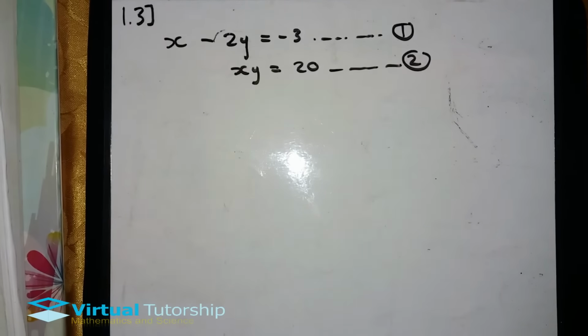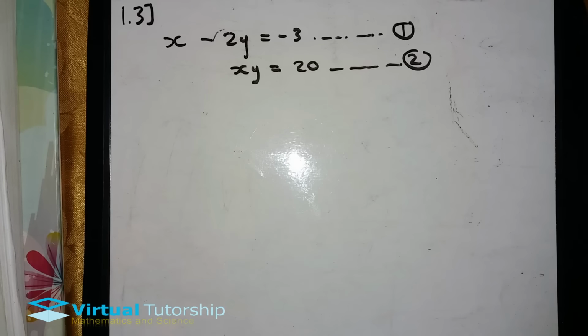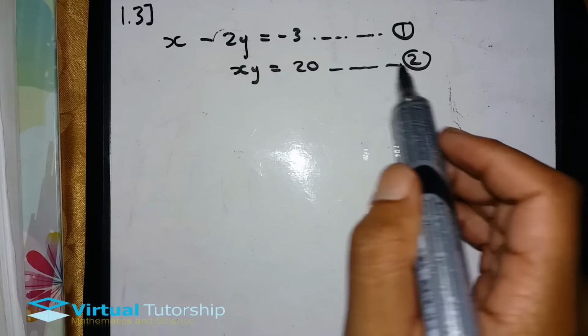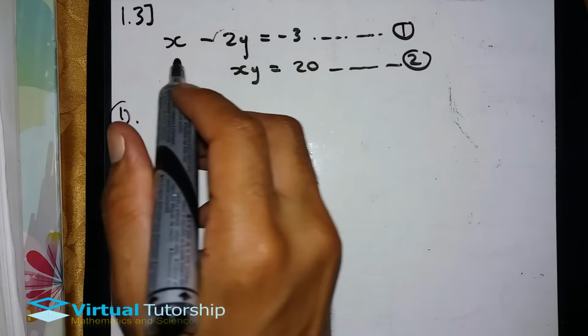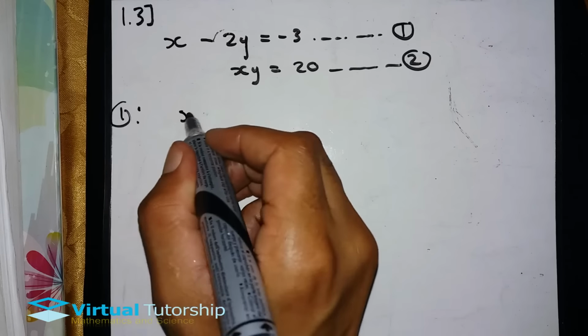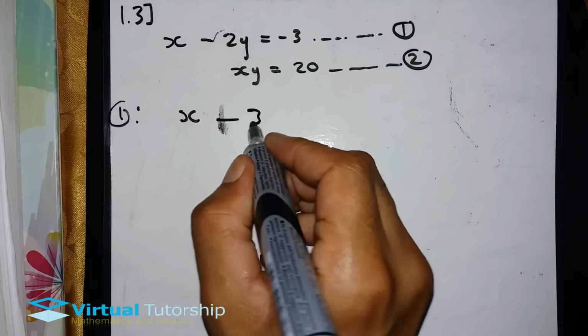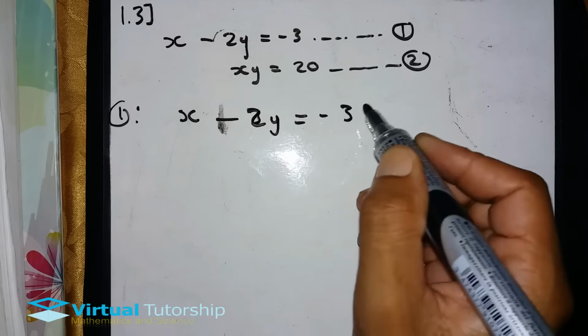Okay, now this is the last equation in question 1. So here in 1.3, in a simultaneous equation, you know equation 1 and 2, those are my equations, and then I will take the first equation and solve for x. So I will take the first equation, which is x minus 2y is equal to negative 3.